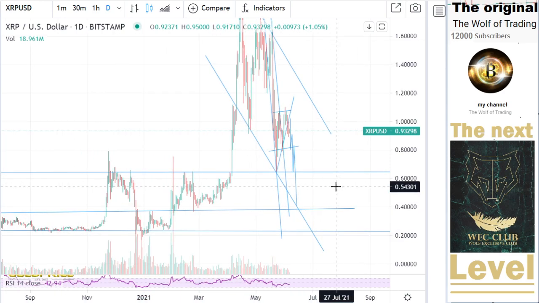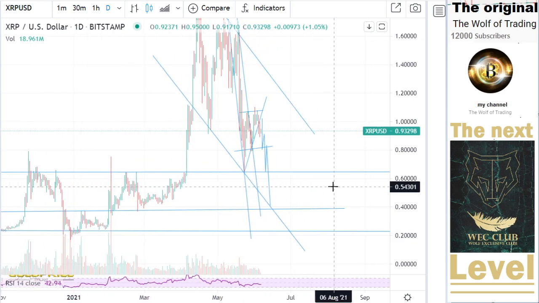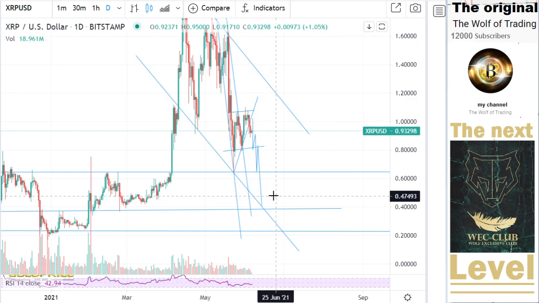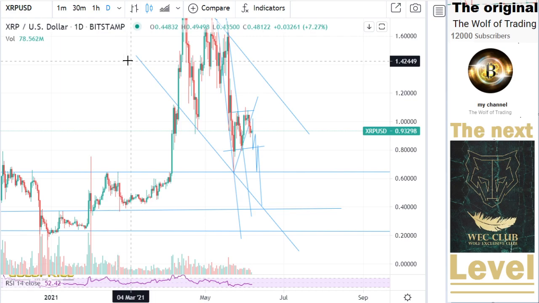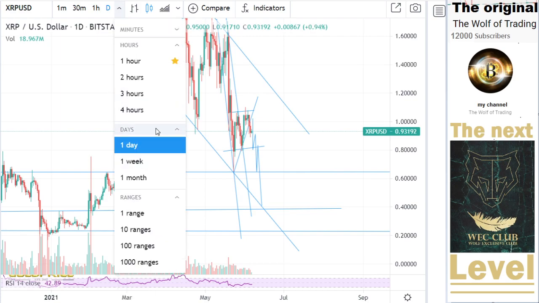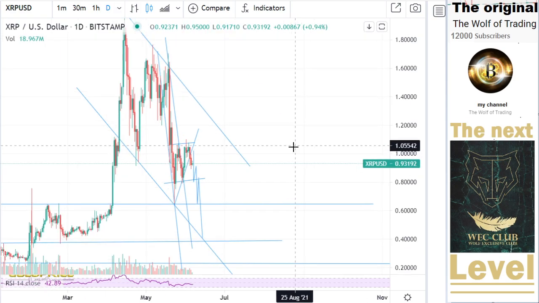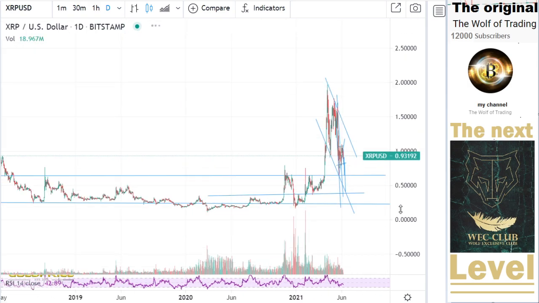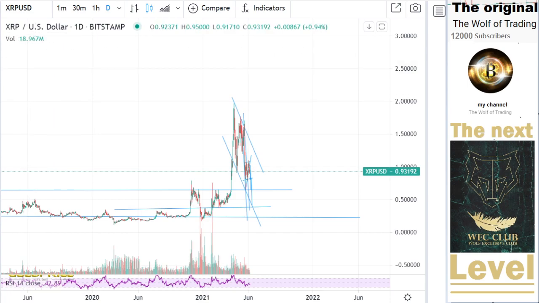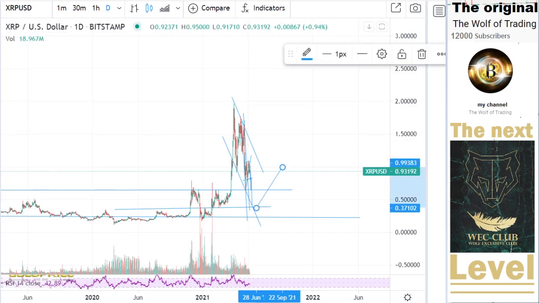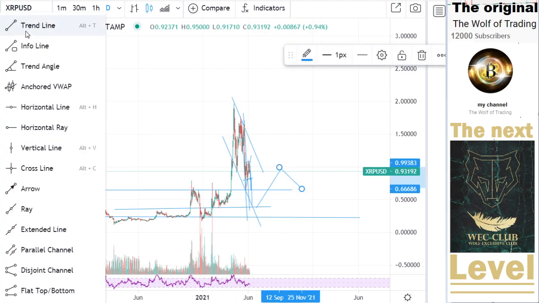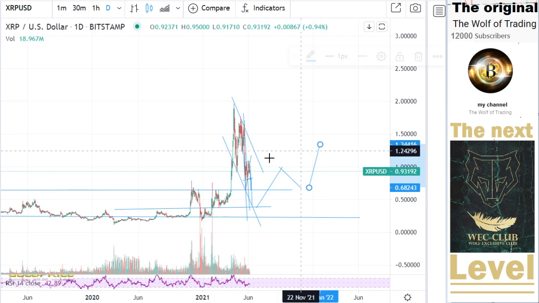But it seems we will take this area. So what happens after that? Don't be frustrated about XRP. XRP will rise, but I think after that we will get something like that. The price will rise to $1, make these moves, stay at these levels, and then the price will explode.